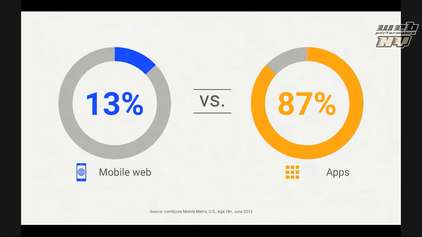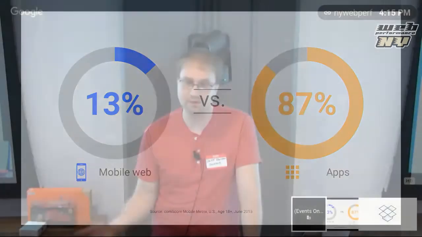Only 13% of users' mobile time is on the web, versus 87% in apps. Apps are more predictable, and that's one reason why people like to use them. They also have really good re-engagement features that historically mobile websites have lacked. So things like home screen icons that are easy to get on people's home screens, push notifications that bring traffic back to your web app or your native app.